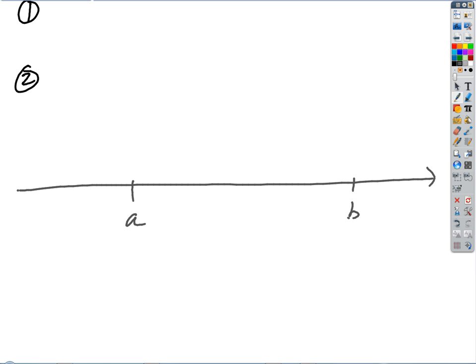Okay, so any ideas? What do we got? How are we going to define continuity on a closed interval? Anybody got, and I don't even need a complete answer, any ideas for a strategy? How can we define continuity on that whole interval?